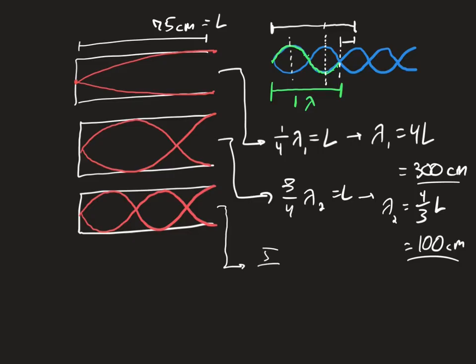So yeah, 5/4 lambda 3 equals L, and that means that lambda 3 is 4/5 L. 1/5 of 75 is 15. So 15 times 4 is 60. And I guess I will stupidly check that in my calculator as well. Yes, indeed, also true. So those are the lowest three modes.